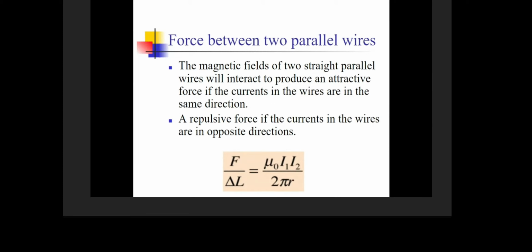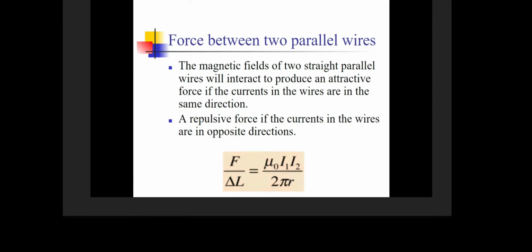The reason it's F over delta L is that delta L is the length we're focusing on, because sometimes it's an entire wire and we just want to focus on a specific part of it. So F over delta L is equal to the permeability times current 1 times current 2 over 2 pi r. That gives us the force between two wires that are interacting with each other.